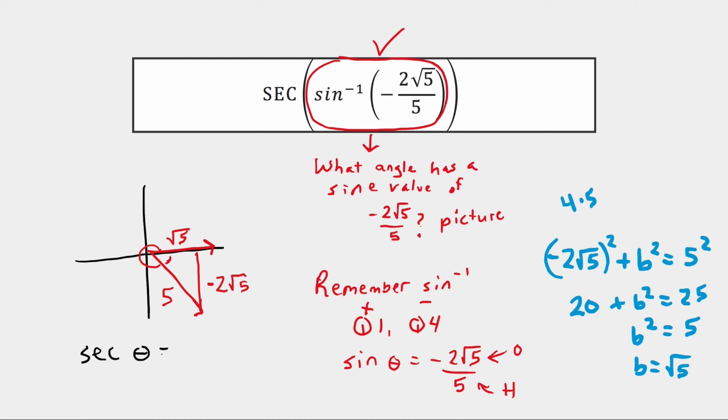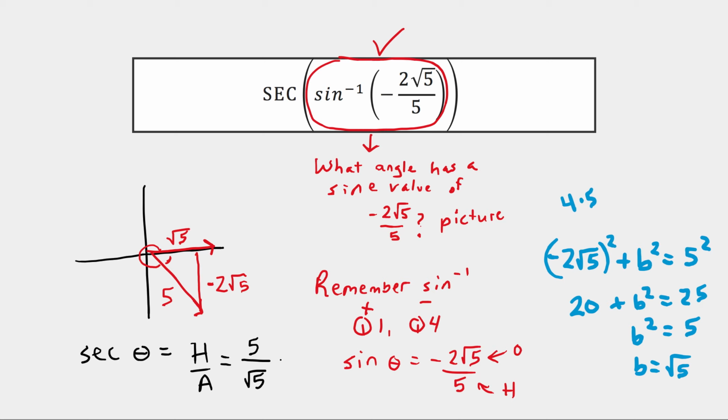So when I do my secant, remember that that's the reciprocal of your cosine. So that is going to be hypotenuse over adjacent. And so our hypotenuse is going to be 5, and our adjacent side is going to be the square root of 5.